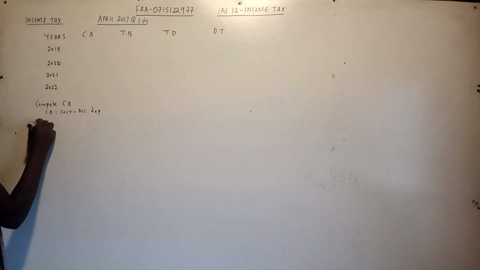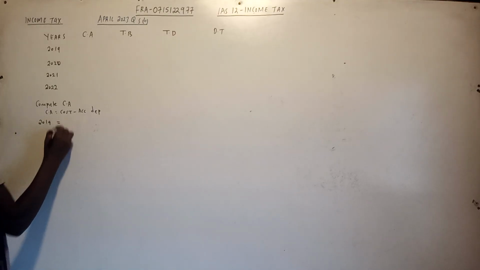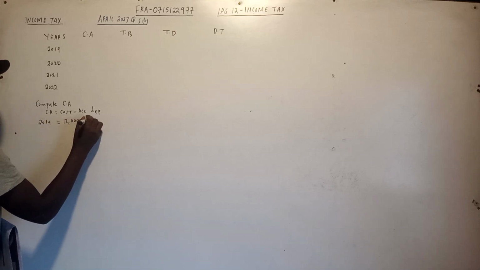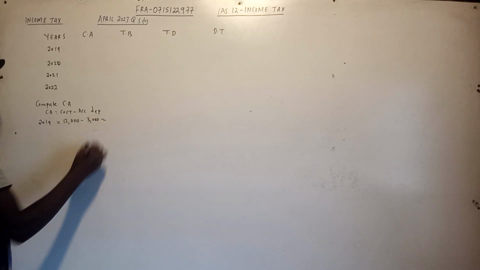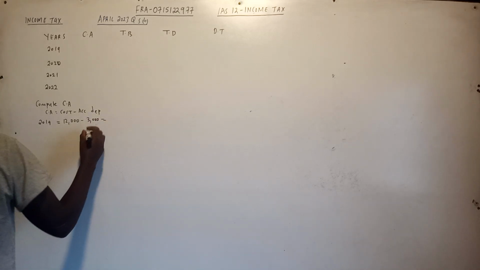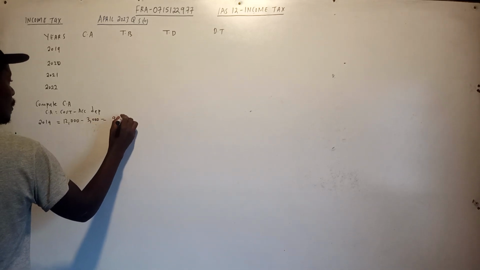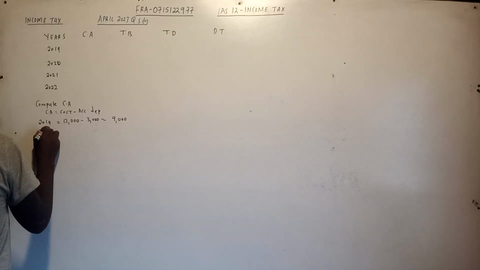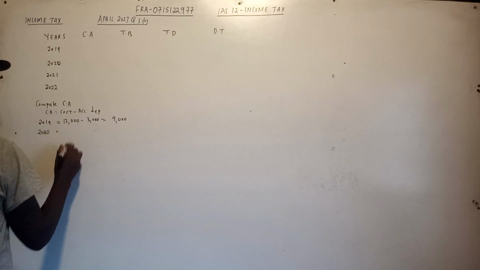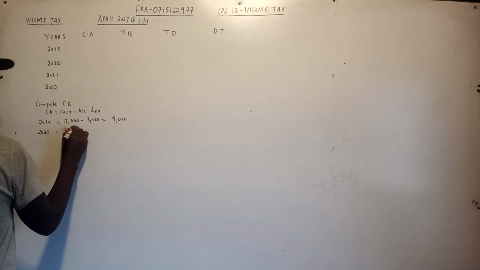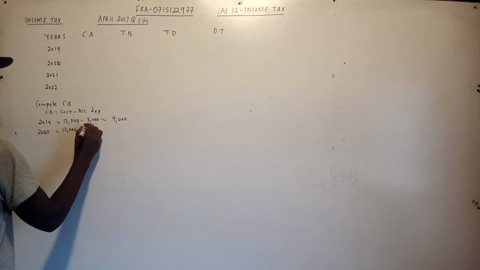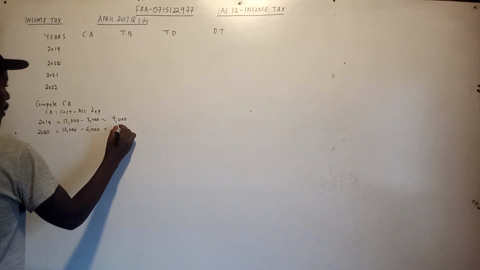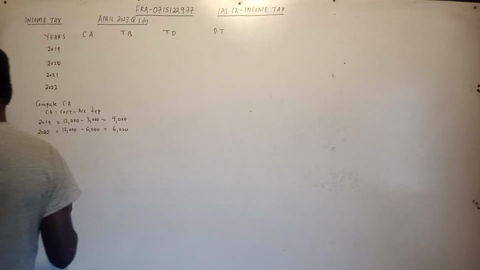To start with 2019, it will be equal to 12,000 minus depreciation of 3,000, so that will be equal to 9,000. Then we have 2020: 12,000, and accumulated depreciation for the two periods will be 6,000, so that will be 6,000.